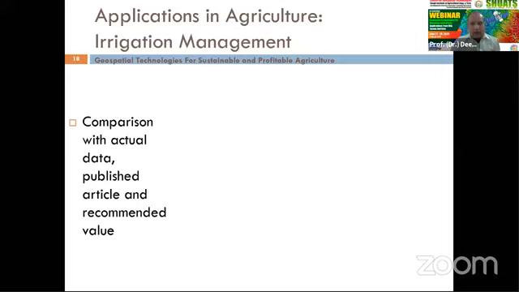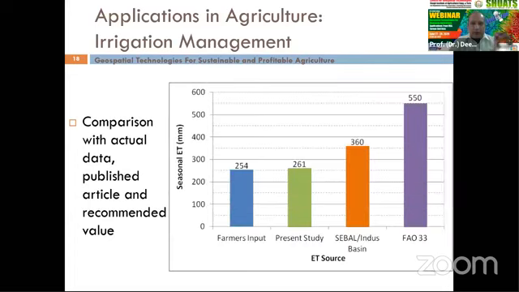So what I did was that these water loss or water use values were estimated by running an energy balance model, and I tried to do a little comparison with previous studies and standard values. So let's see how this comparison looks.